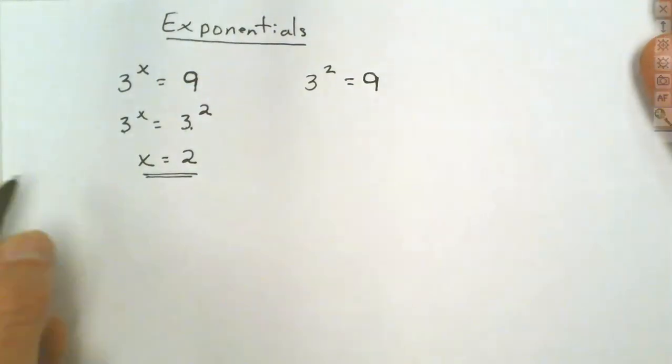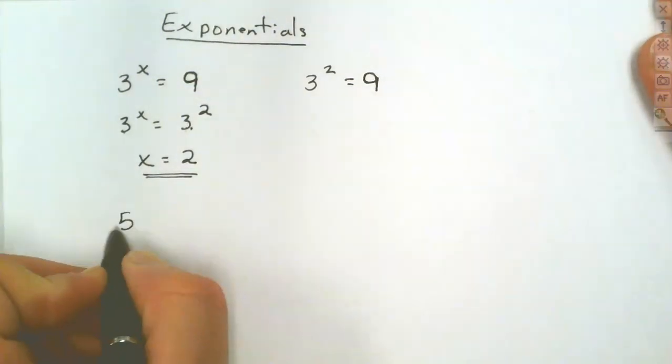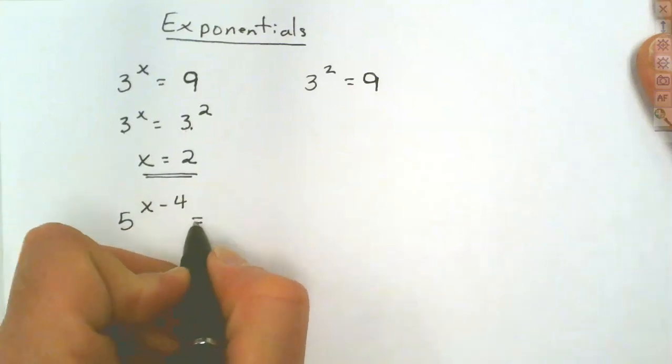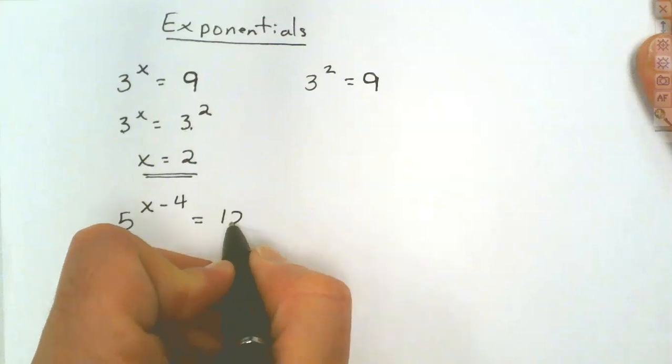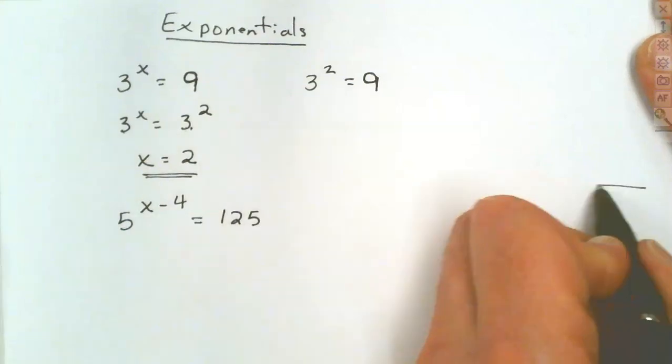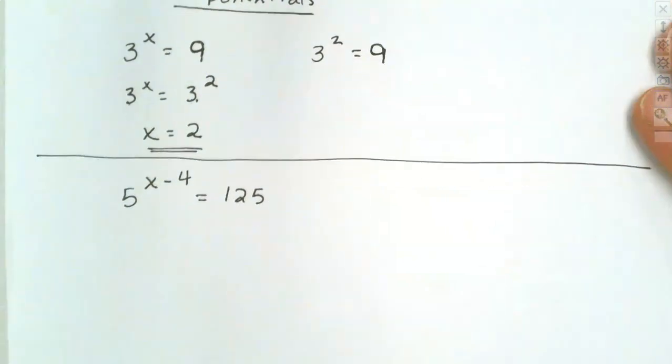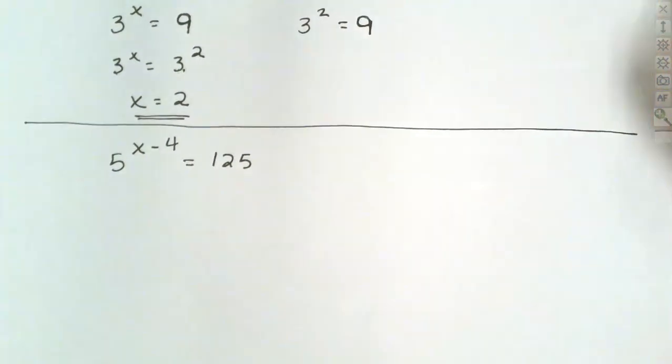Let's try another one. So we're going to try another one here. We're going to try and solve this one. And what we want to do is we want to transform that 125 into a power of 5.